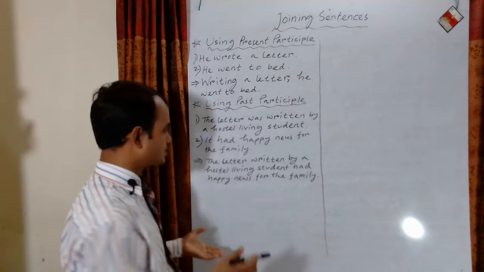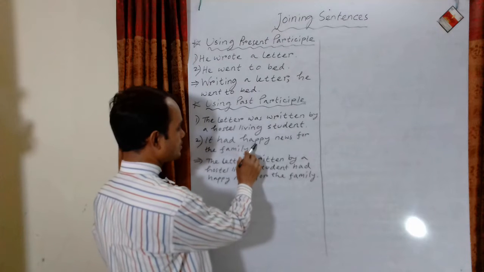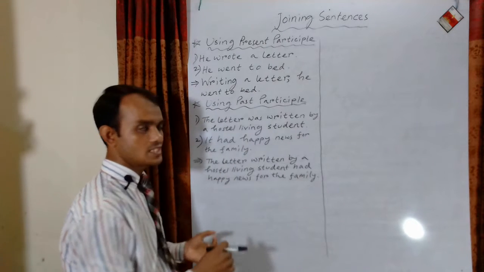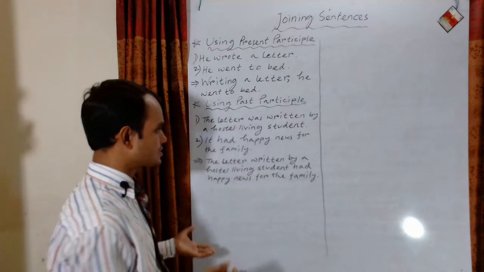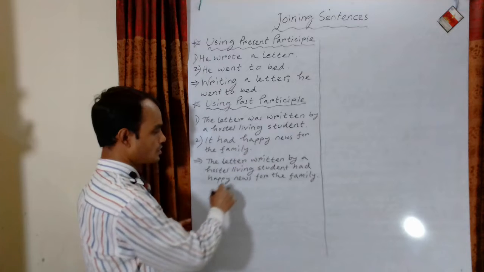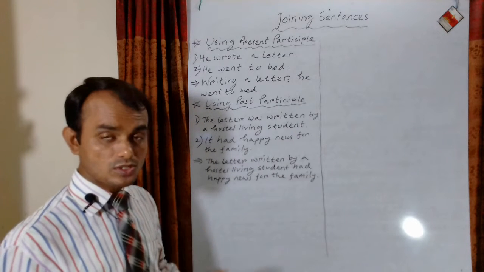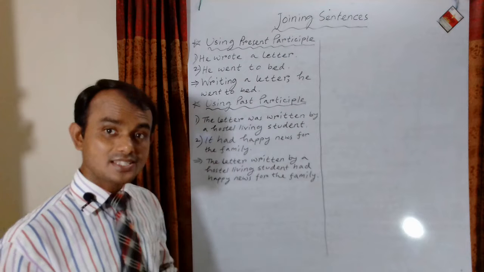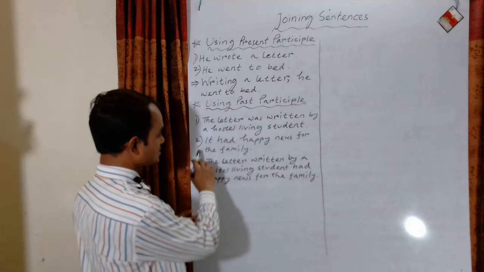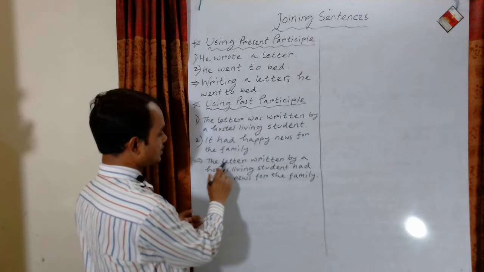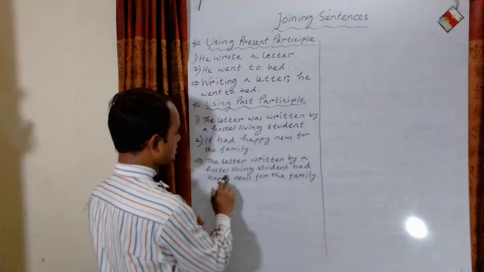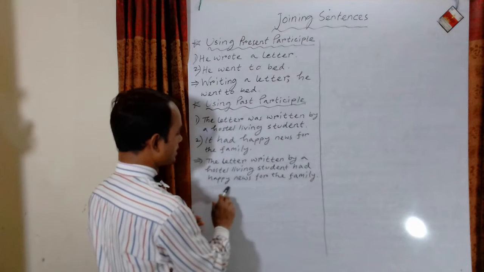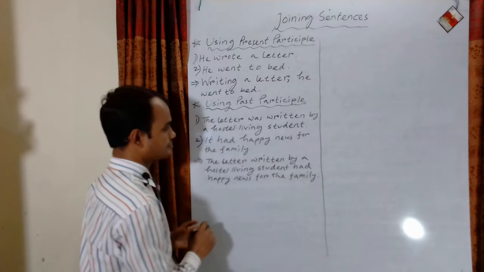Dear students, the letter was written by a hostel living student. This is a simple sentence. It had happy news for the family. It is another simple sentence. I have already joined these two simple sentences into one simple sentence. The sentence is: The letter written by a hostel living student had happy news for the family.